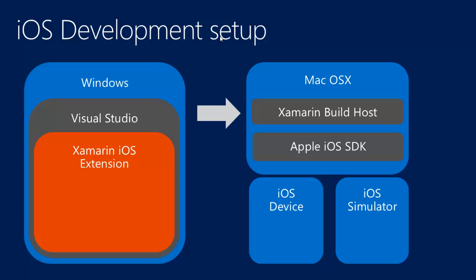This Xamarin iOS extension then talks via the network to a Xamarin build host that you deploy onto the Mac OS X box, which in turn leverages the build capabilities of the Apple iOS SDK to actually cross-compile the C# and Mono application that you've built, or Mono Touch application that you've built, across into a native Apple iOS ARM app, which is then deployed to the device.